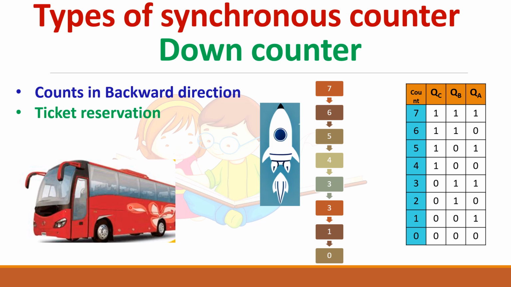As the seats are booked, the number will get reduced. You can also think of the number of items in stock. While doing online shopping, as the stock reduces, the count will reduce. So all these come under down counting.